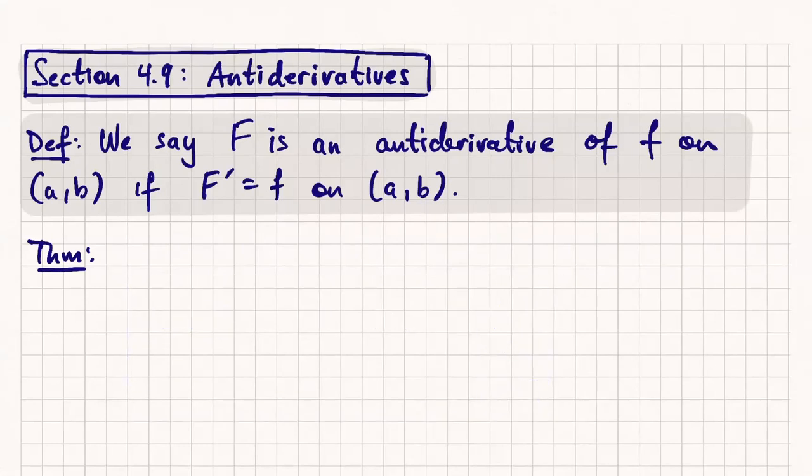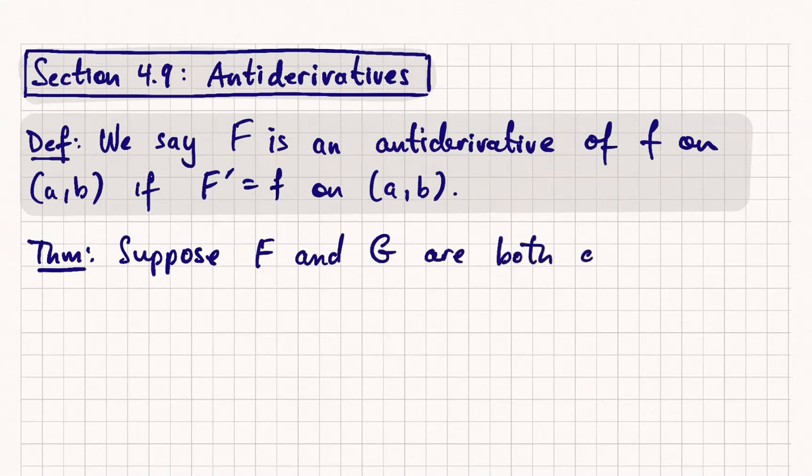So it kind of begs the question, well, how do you find them all? Are there any other ones? And it turns out adding this constant is really the only thing that can happen here. So suppose f and g are both antiderivatives of the same function on the same interval.